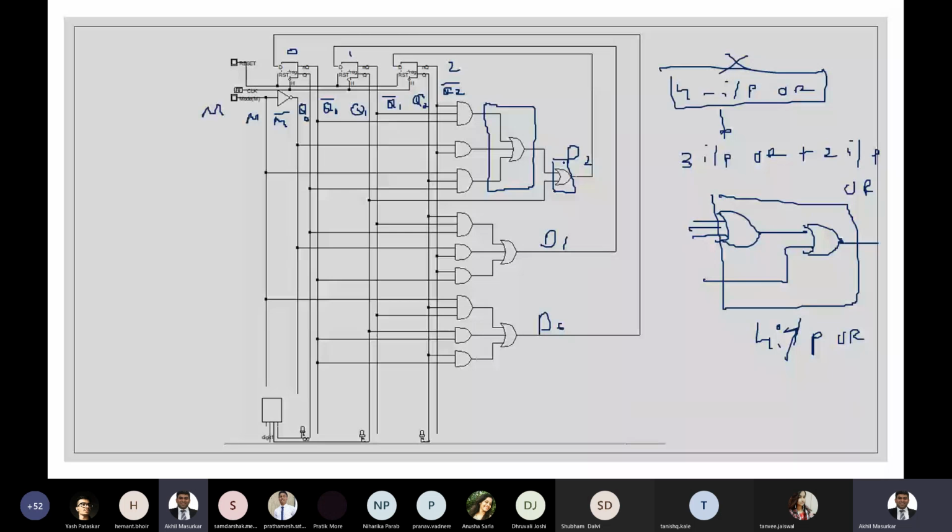I think you will require some time to draw it. So take another 4 to 5 minutes to draw it properly. And in the meantime, if you have any doubts, just ask me. Unmute and ask.